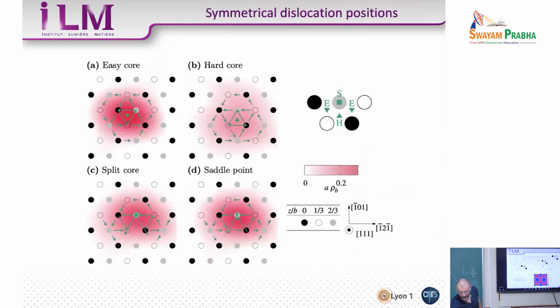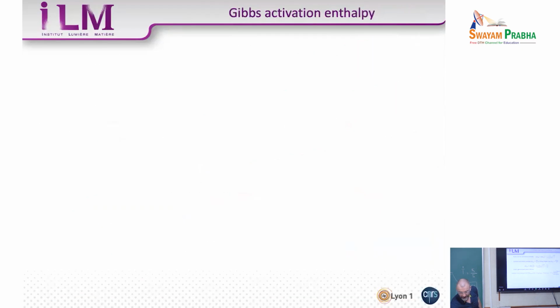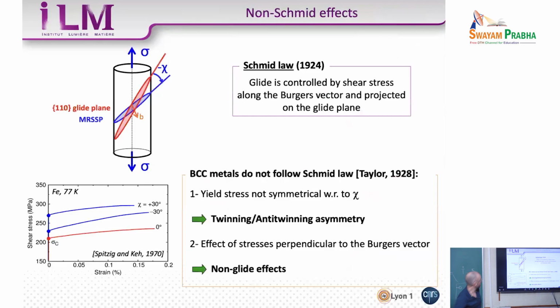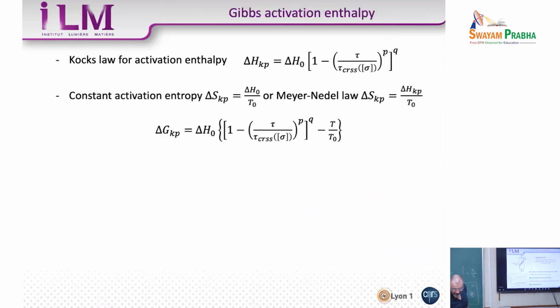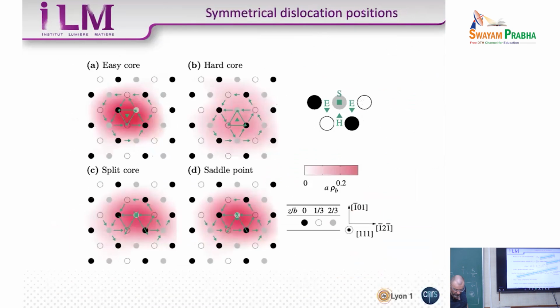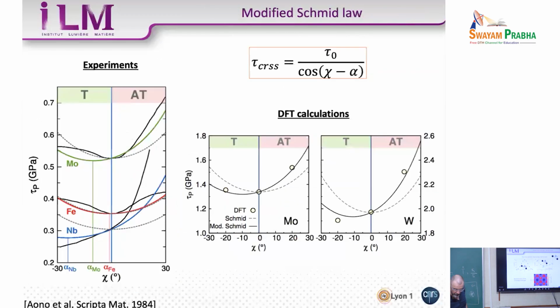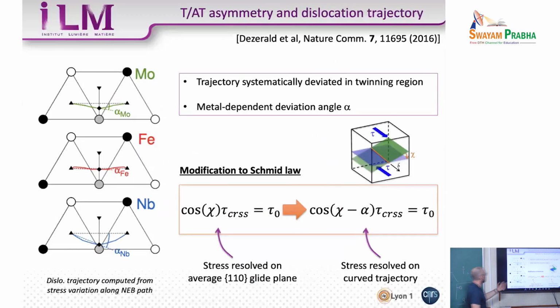Remember, for the non-Schmidt effect, I talked about this chi angle here. If you apply Schmidt law, only the chi angle appears. If you apply this modified Schmidt law that Lucille proposed, you have the chi angle, but now you have to add this alpha angle that depends on the material. So this would be applying Schmidt law. This would be applying the modified Schmidt law. The only difference is this alpha angle.